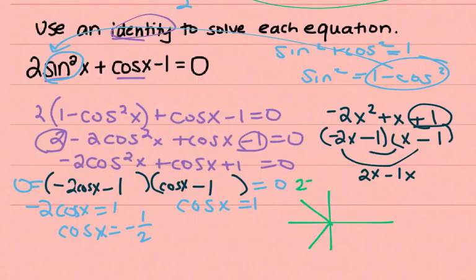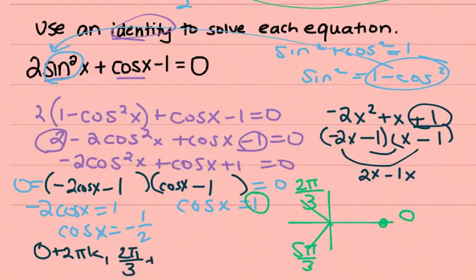So this would be 2 pi over 3 and 4 pi over 3, and then it's positive 1 here at 0. So I'd get 0 plus 2 pi k, 2 pi over 3 plus 2 pi k, and 4 pi over 3 plus 2 pi k.